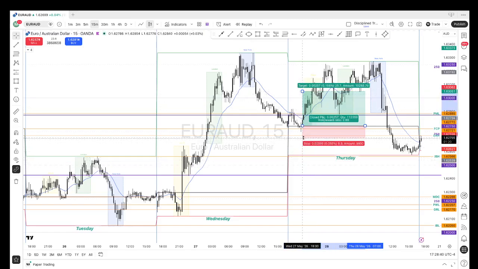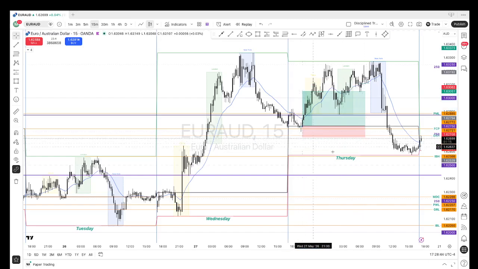My fault. Stop loss behind the next level. So we had Friday's closing price. We had Wednesday's closing price. And we had our quarter level, 1.622750. We had 3 bank levels with the doji, all in alignment.